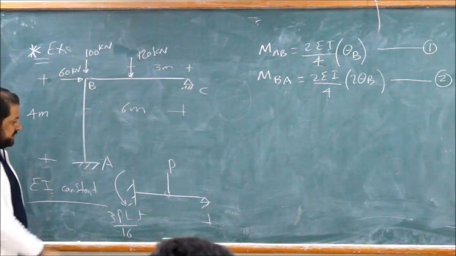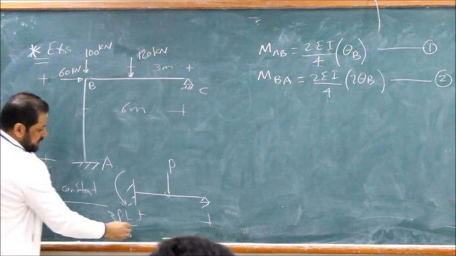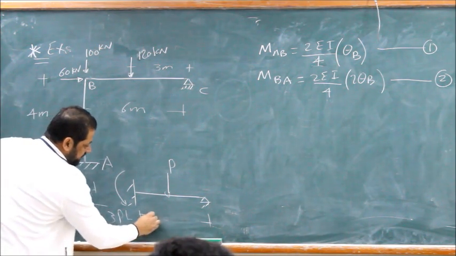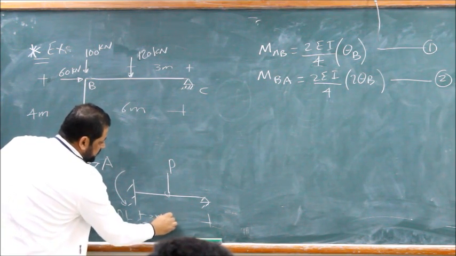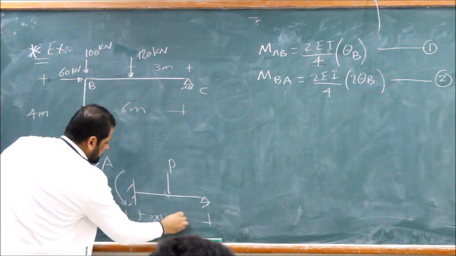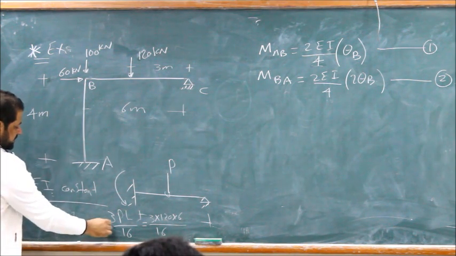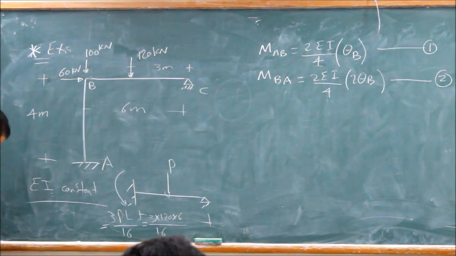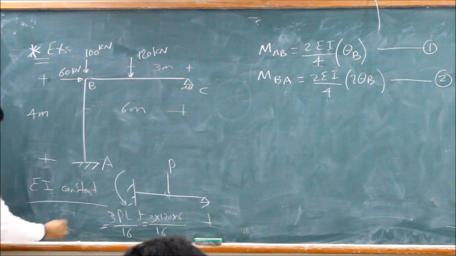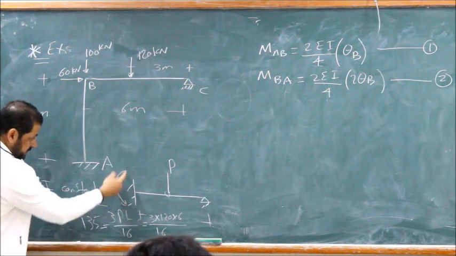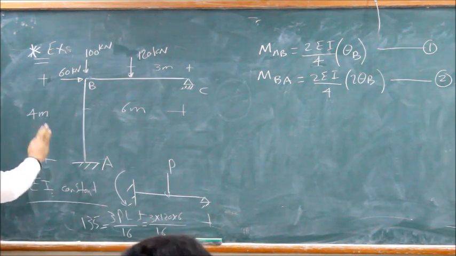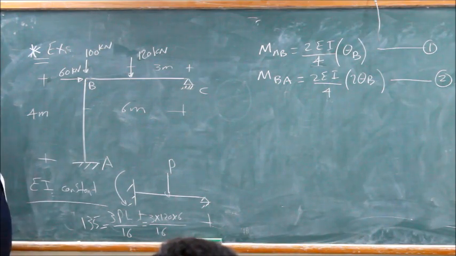Good? If this is the case, our P is 120. So we have 3 times 120 times 6 over 16. You get the answer: 135, and we know this is counterclockwise. By the way, again, everything clockwise is positive.